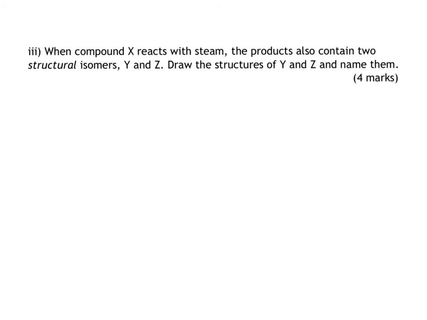And then we have compound X reacting with steam. The product also contains 2 structural isomers. So why would that be? Well, compound X, I'm going to go back to doing a skeletal formula. Compound X was pent-2-ene. And so this is a bit like the HCl question that we had where we were adding to, in the multiple choice, to the diene.